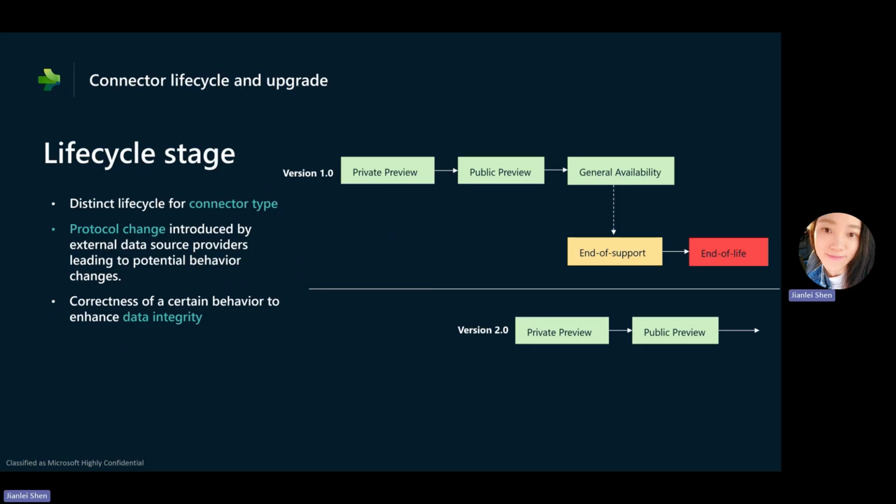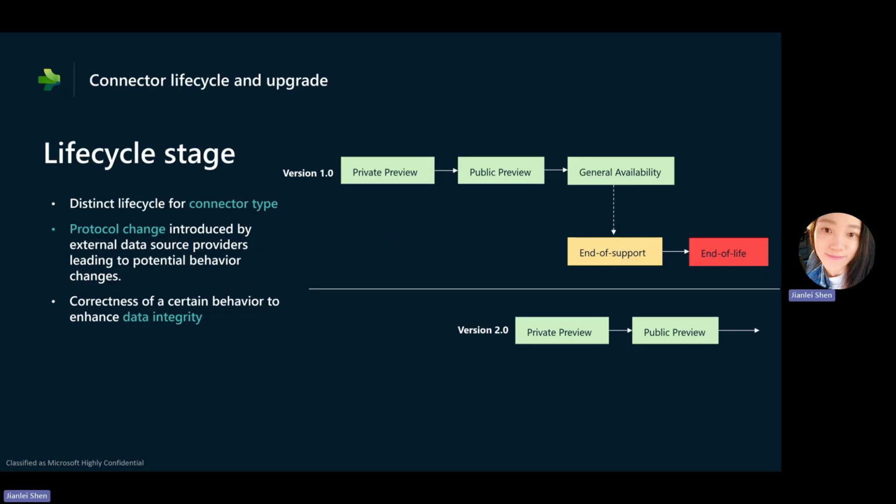But we will guarantee that each version that we support will last for at least more than 1 year. So the customers will not need to worry about how long they need to plan for a life cycle or an upgrade, because we will make sure that your upgrades will be valid for at least more than 1 year.